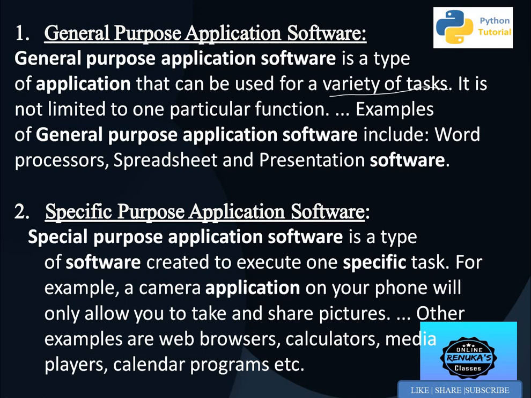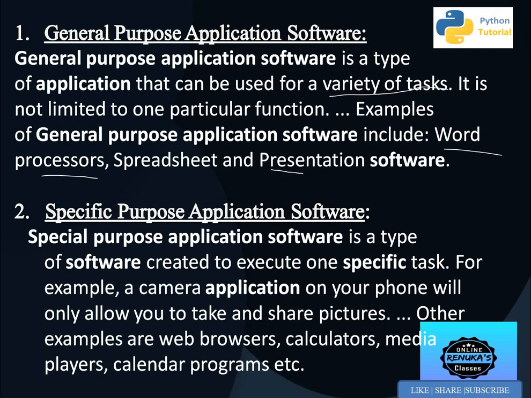Both want to format the text. So for them there will not be different applications, but a general purpose application, that is a word processor. General purpose application software is used to fulfill the needs of a group of people who are working for one kind of function. So they are general purpose application software.